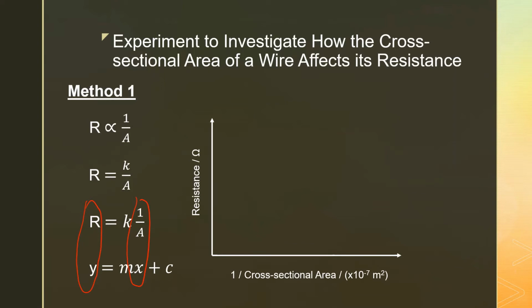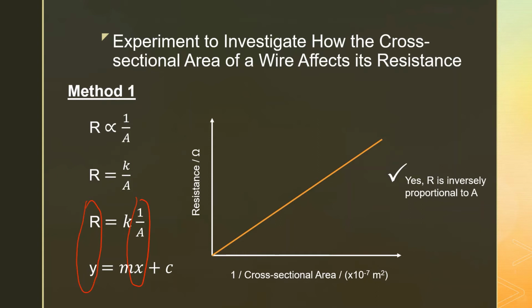This now is 1 over the cross-sectional area. Then we should get ourselves a straight line graph. And if you did that with the data that we've just gathered, cha-ching, yes, R is inversely proportional to A.